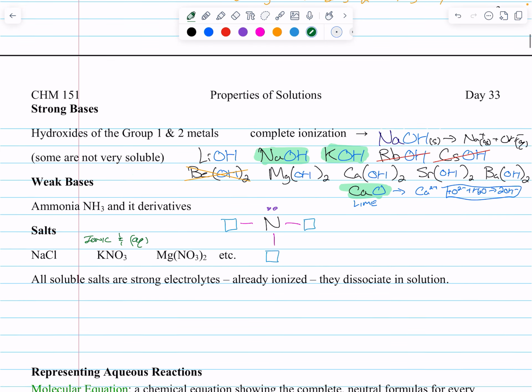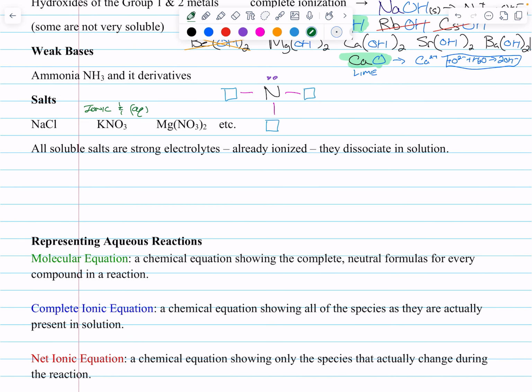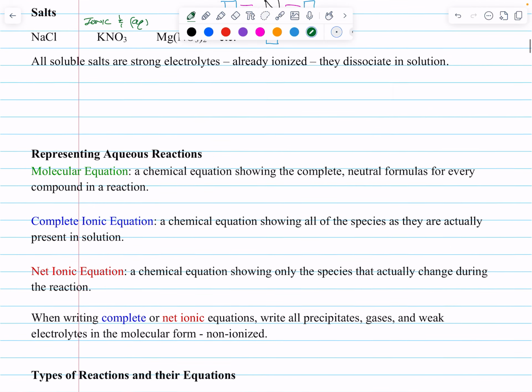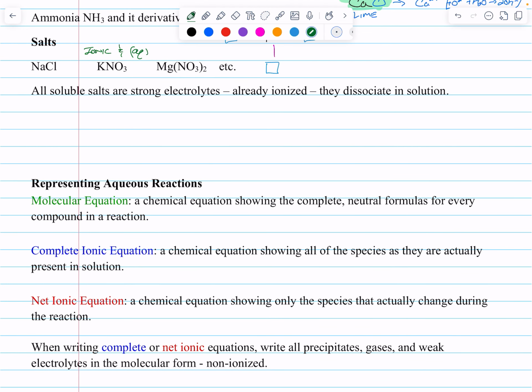All right. So when we talk about these aqueous reactions, there are 3 equations that we get to talk about. There's the molecular equation, which is the balanced chemical reaction. That's all that is. That's what we've been doing. The complete ionic is different. That means the chemical equation showing all the species, so how they actually exist.